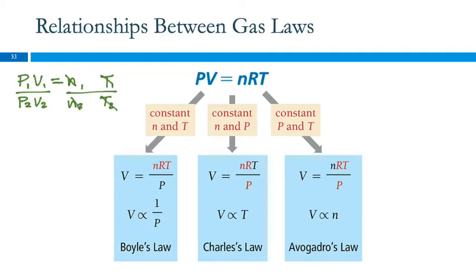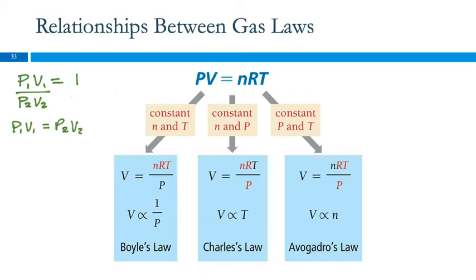Well, what do we get on the right side then? We canceled everything out, so that's equal to 1. So this side now is equal to 1. Well, if I rearrange that, I get P1 V1 equals P2 V2.